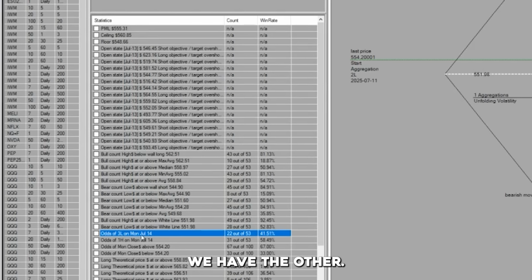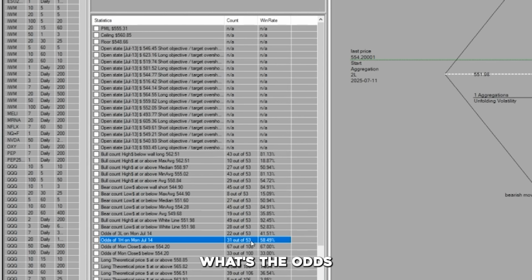Next up we have the odds, this is like the options analyzer. If you remember, you can get the probability of seeing H3, H5 and all that. So it's the same here. Odds of 3L on Monday, July 14th, it's giving you the odds for that. What's the odds for 1H? It's giving you the odds for that.